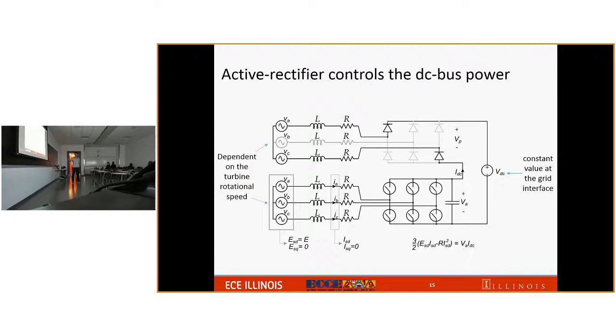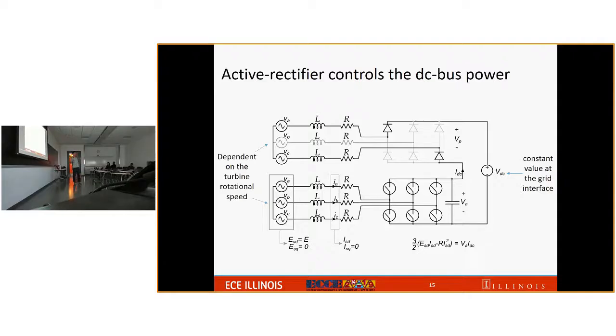So what you really have control of is ISD, the active rectifier D-axis current. So this relation says that using the active rectifier D-axis current, you can control the DC bus current and consequently the amount of power going to the VDC.